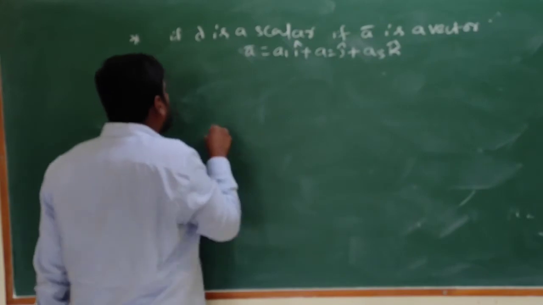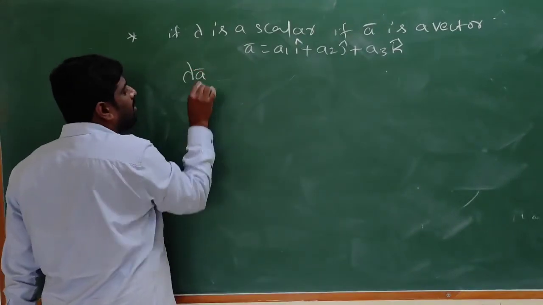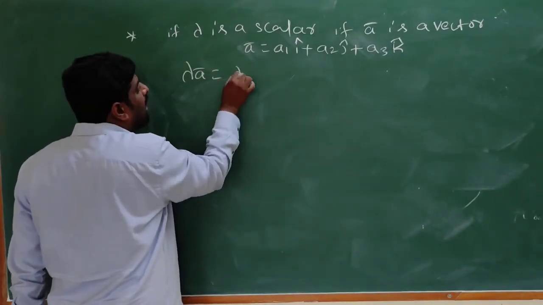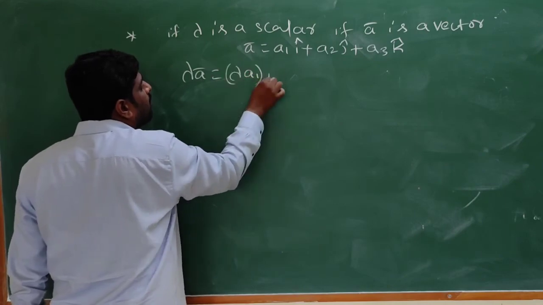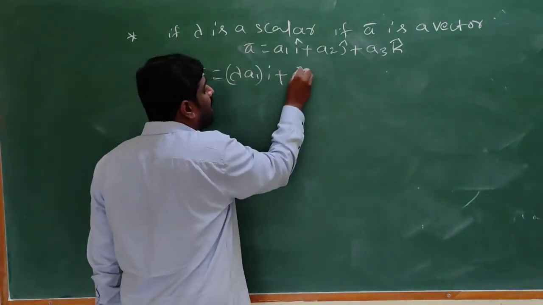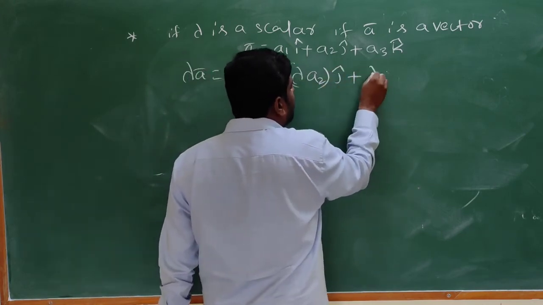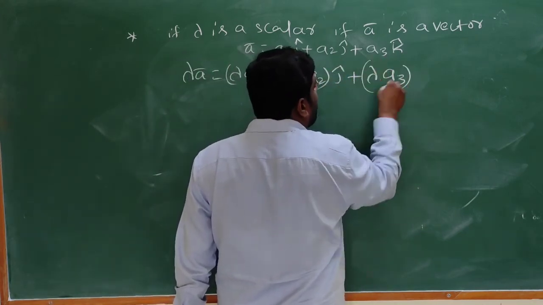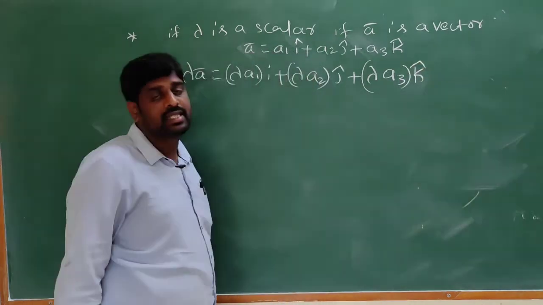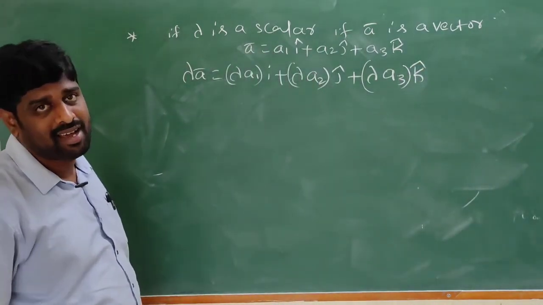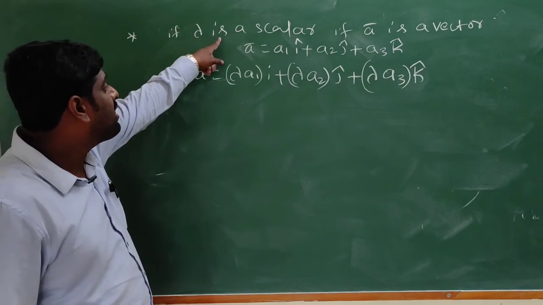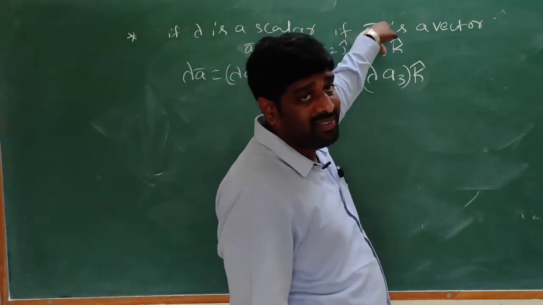Now I want to find lambda A bar. That means lambda A1 of i cap plus lambda A2 of j cap plus lambda A3 of k cap. This is multiplication by a scalar, where lambda is a scalar and A bar is a vector.